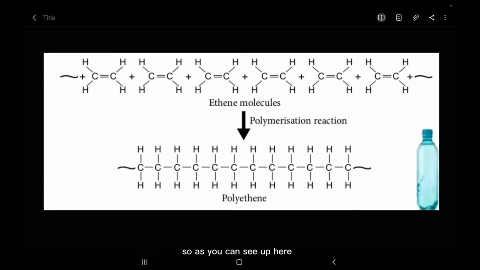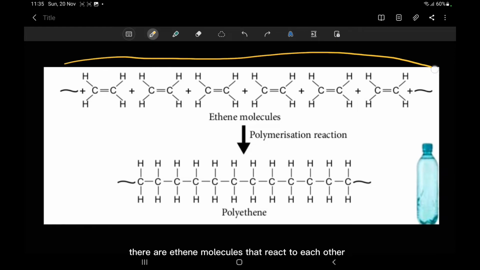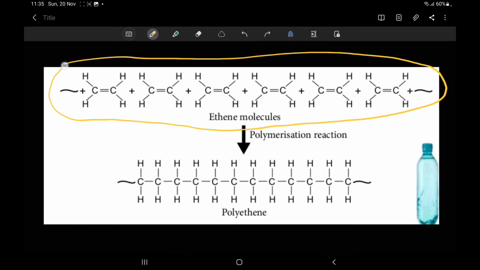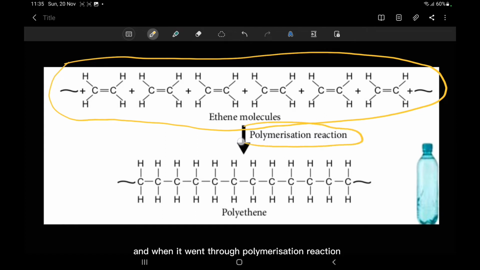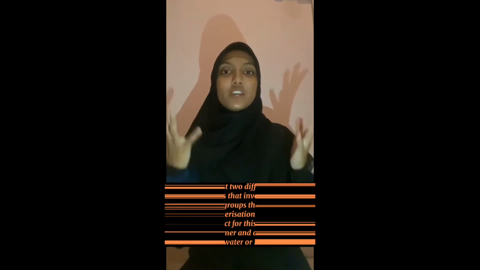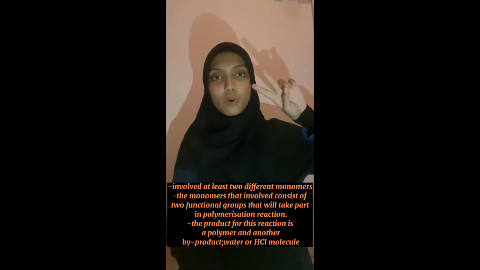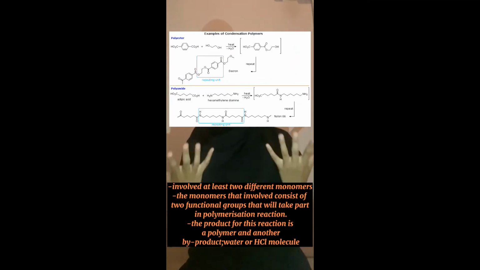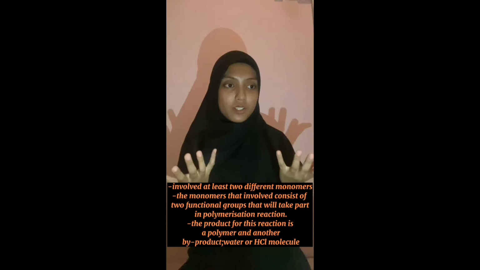As you can see up here, there are molecules with double covalent bonds that react with each other, and when they went through the polymerization reaction, which is the addition polymerization reaction, they produced a polymer named polyethylene. Number two, condensation polymerization. This reaction involves at least two different monomers, and each monomer consists of two functional groups that will take part in condensation polymerization.